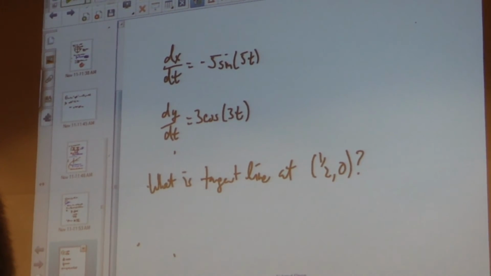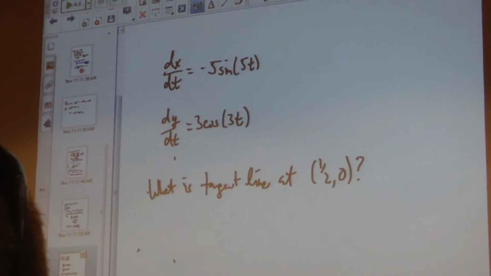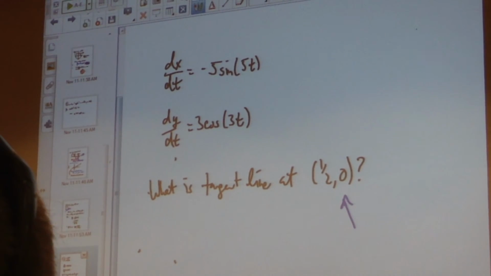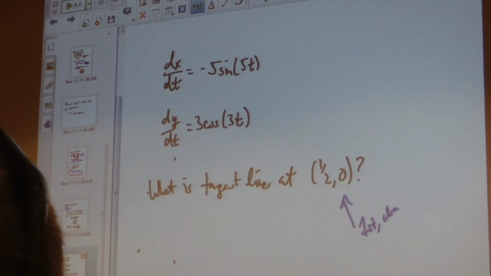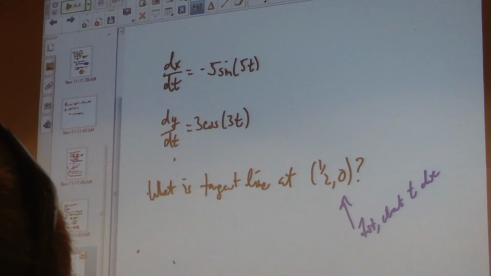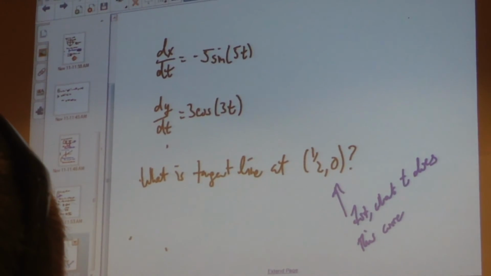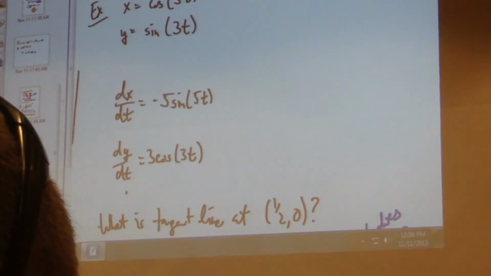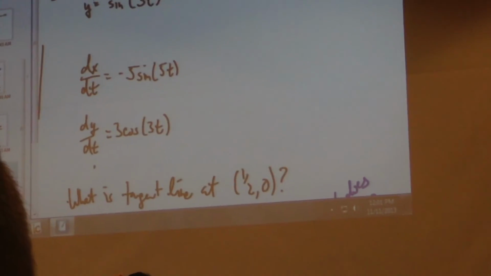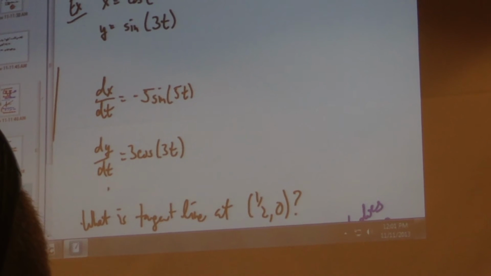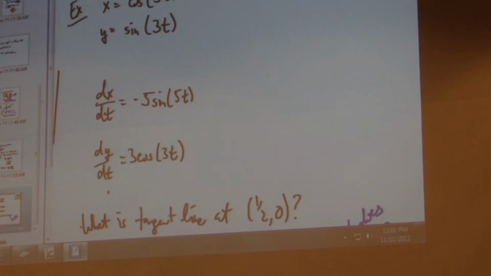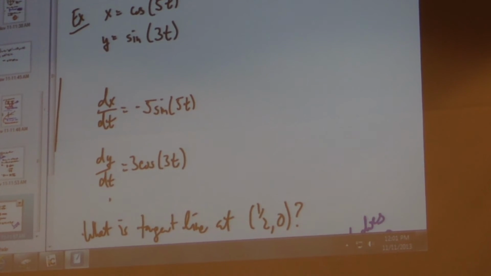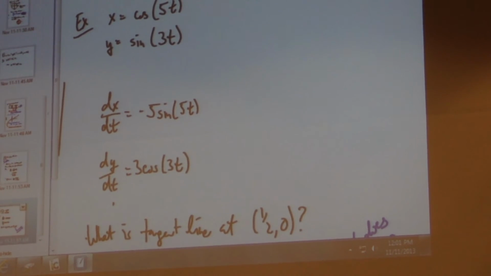Okay. So in order to figure that out, first we need to know what the t value is for that point. Anyone figure that out? Here are your equations. x is 1/2, y equals 0, so sine of 3t equals 0.